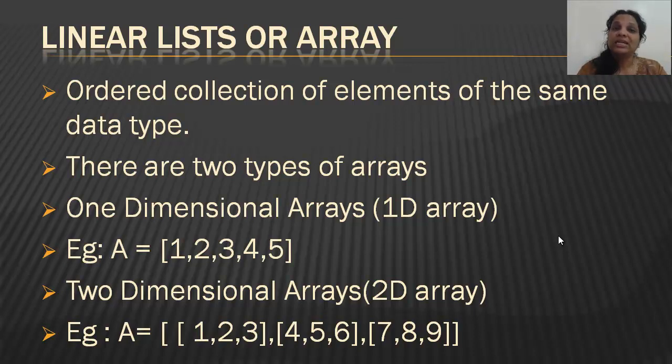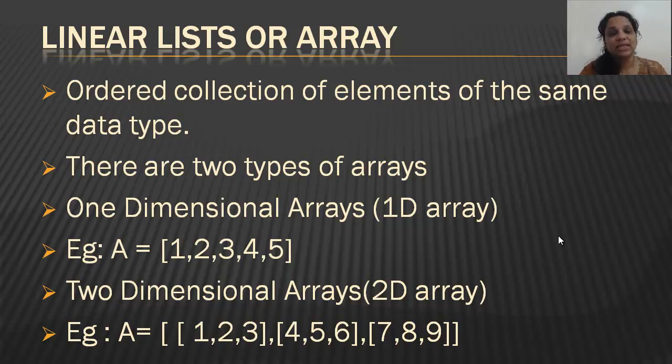That means the data within the list could be all of the same type or of different types, doesn't matter. But when you talk about a linear list or an array, all the elements of the array or the linear list have to be of the same kind. That means linear lists or arrays are homogeneous.